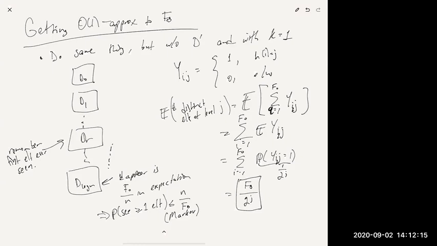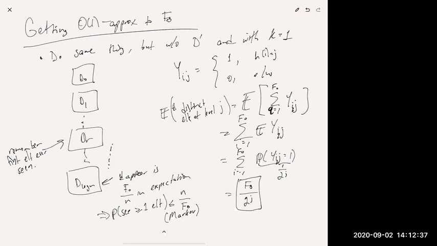So Jelani, is that the case? Because if f0 increases, the probability of seeing more than one element decreases. Yeah, okay. I'm just looking at the probability that you see at least one element. You might see two. Does that answer your question?